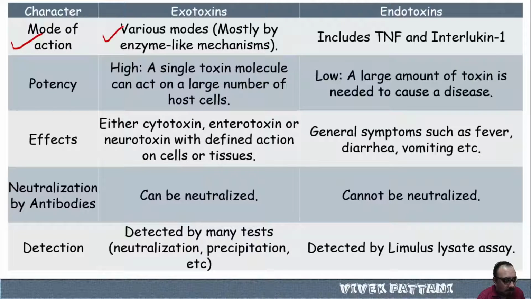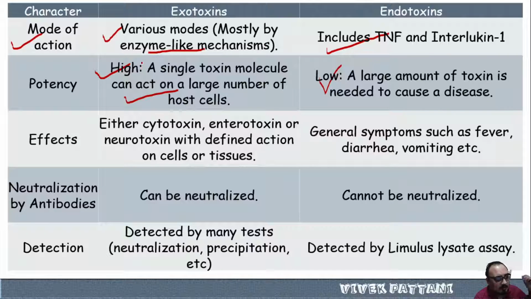Exotoxins have various modes of action, mostly by the enzymatic activity which is present in the exotoxins. And for endotoxins, it includes interleukins and TNFs. And potency: what is the potency of the toxins? In the case of exotoxins it is very high, and in the case of endotoxins it is very low.